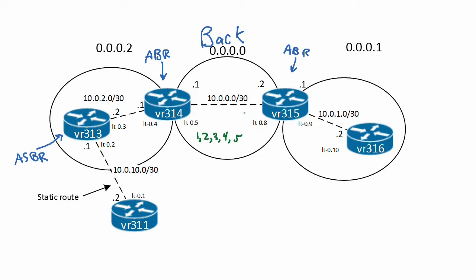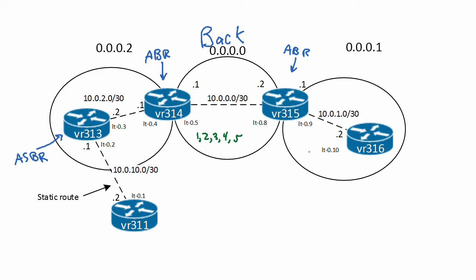The 3s are coming in because we're getting summaries from other networks, from VR 316 and VR 313. And then 4s and 5s are external, so they're coming in from area 2 over here because we have an ASBR. So those are all the LSAs that we'll see in the backbone, and there's really not much we can do to make the backbone more efficient.